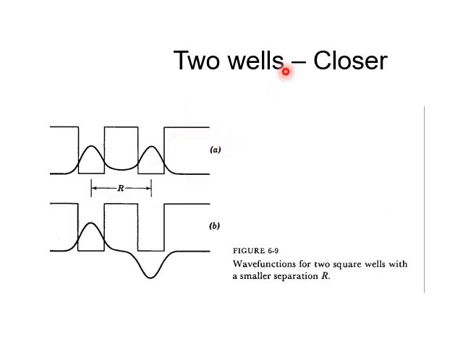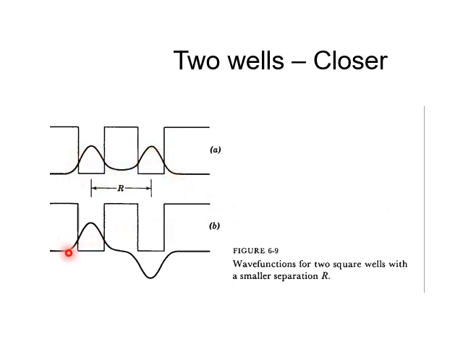Now when we bring the two wells closer together, and if we were to just plot the wave functions that we had before, then we would find that for the space symmetric case, the new wave function, which is the sum of those two wave functions, is high in the middle, all right? It doesn't quite go to 0.